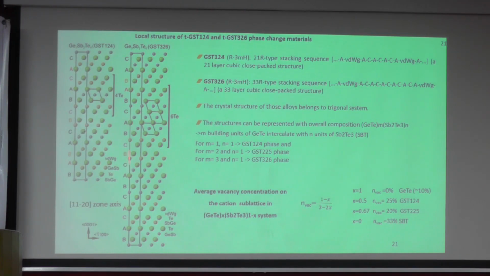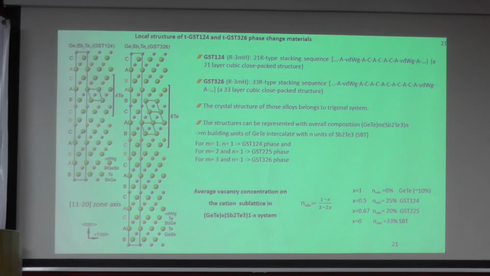This is the C-axis, so the huge C-axis here has 33 layers per unit cell. 1 to 4 has 21 layers per unit cell, and 2 to 5 has only 9 layers per unit cell. The difference in this system is only in the average concentration of vacancies on the cation sublattice.